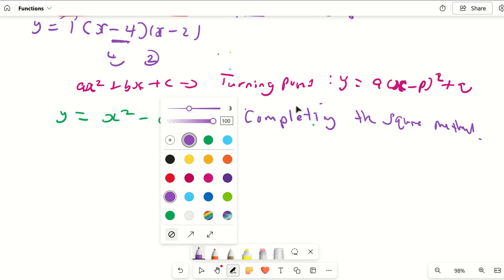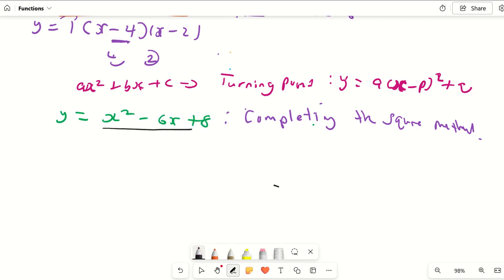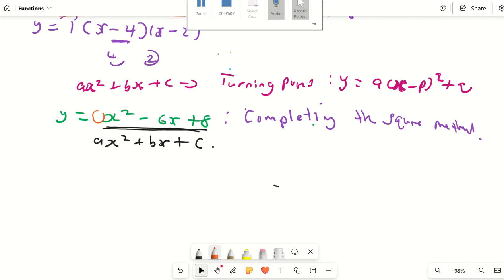What you do for completing the square is first have the expression in standard form. This is the standard form. Standard form is ax squared minus bx plus c.